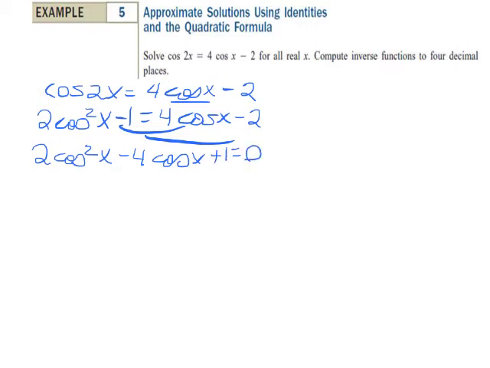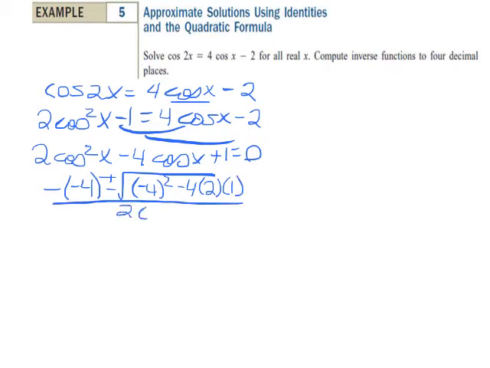Okay, now you can't factor this one, so you're going to have to use the quadratic formula. So we've got negative b plus or minus the square root of b squared minus 4 times a times c, all over 2a.